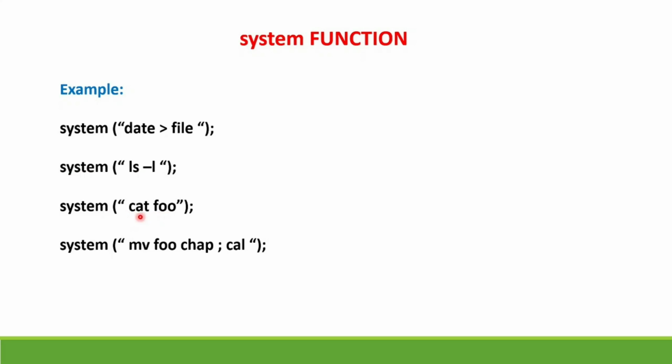Here I perform the cat function, or display the content of a file named foo, and this is passed again as an argument to system. And finally, multiple commands are executed.